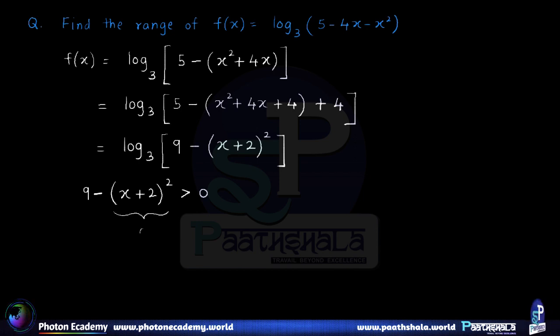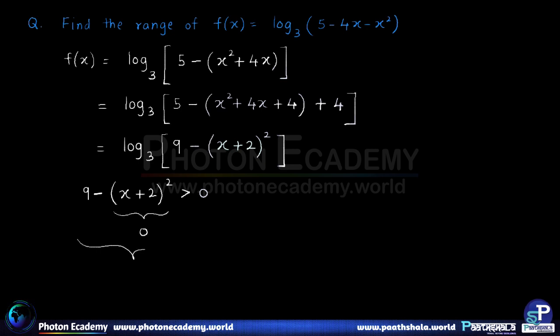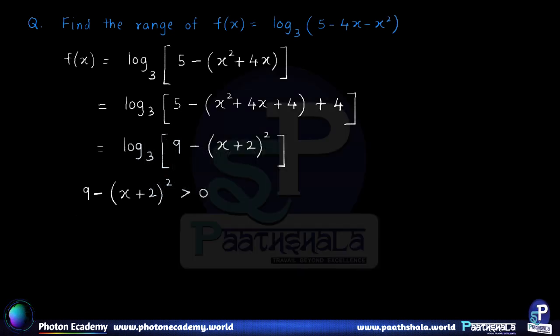And if this expression is minimum 0, the subtraction of that quantity from 9 will be maximum 9 only. So although this entire expression must be greater than 0, it has an upper bound, that is, maximum it can be 9. So we also have 9 minus x plus 2 the whole square less than 9, or in fact we may consider the equality also here.